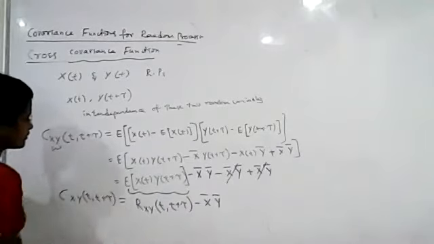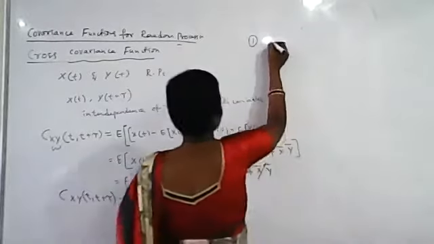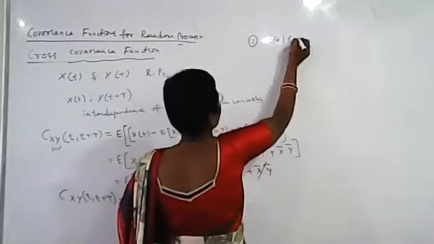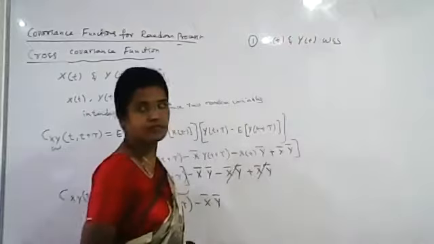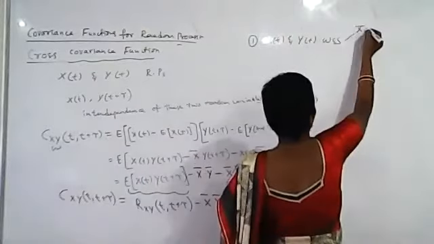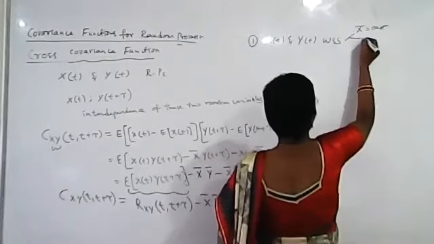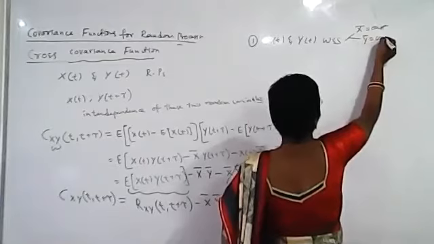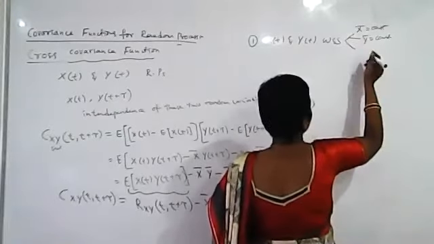Now we'll take the first case. Say x of t and y of t are jointly wide-sense stationary. We have discussed what wide-sense stationary is: the mean values are constants, and the correlations will be a function of tau.